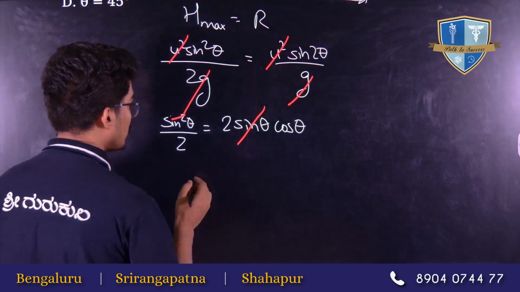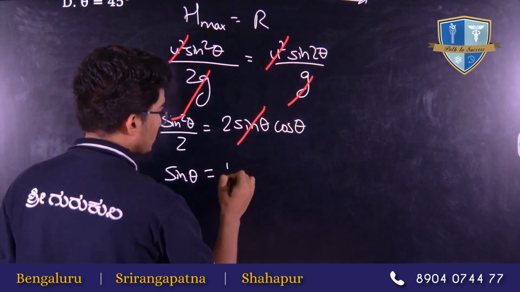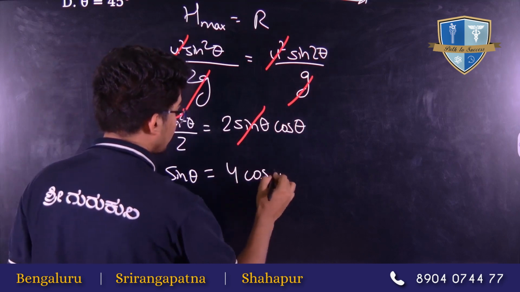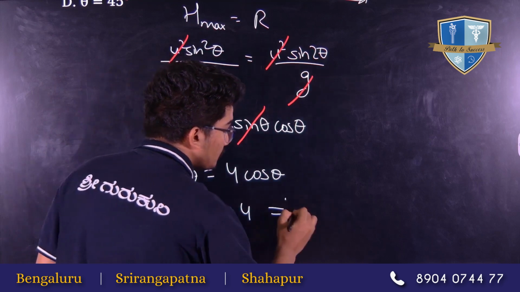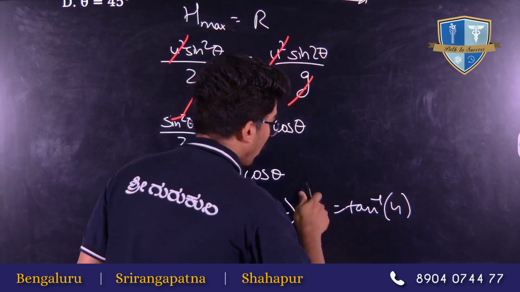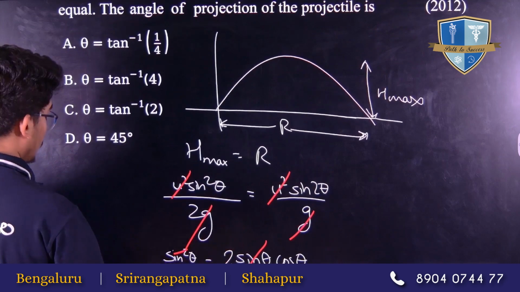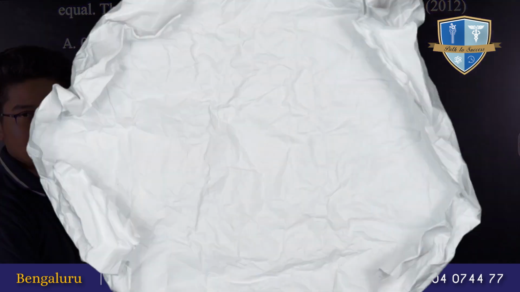Sin theta cancels out, meaning this 2 will multiply there, so 4 times sin theta is equal to 4 times cos theta, or tan theta is equal to 4, or theta is equal to tan inverse of 4. Any option can we see? Theta is equal to tan inverse of 4. Yes, here we have option B as the correct option.